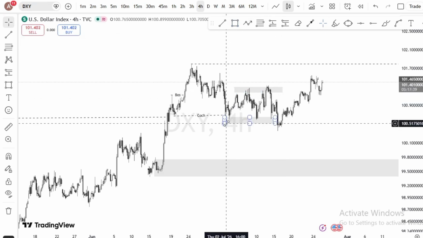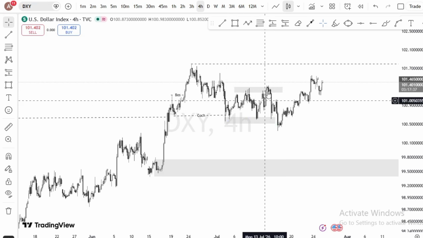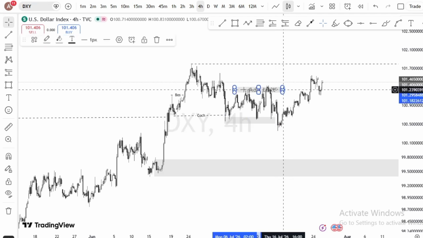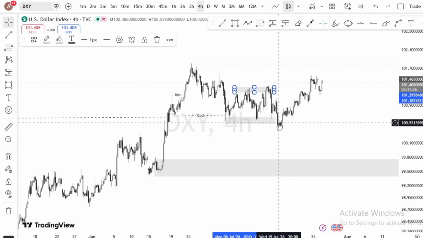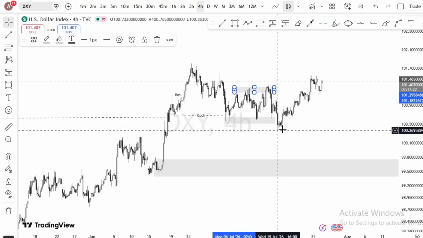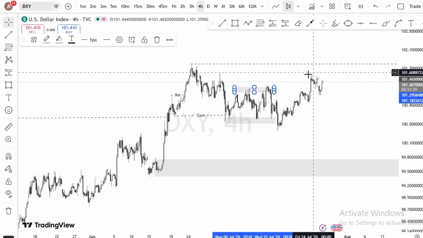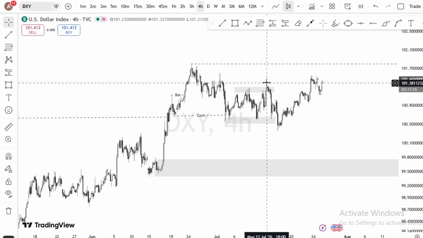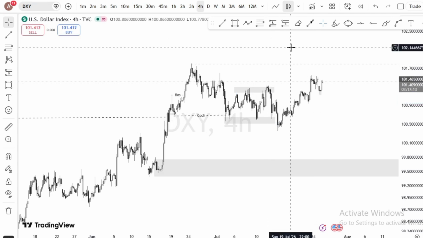The dollar index was previously in a range, then later on we have a breakout from that range, and after the breakout the market reversed immediately, and we see this current bullish trend.